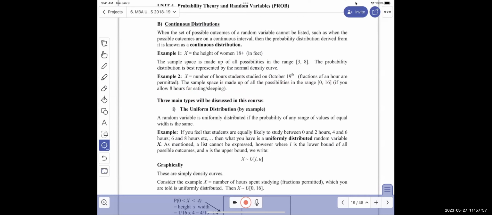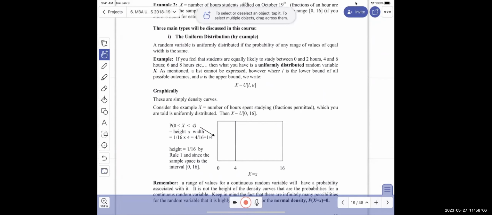So I'm going to introduce a new distribution. It's called the uniform distribution. And the uniform distribution is also continuous, but its shape is rectangular, with a range of values 0 to 16 hours if you leave 8 hours for other things than studying.